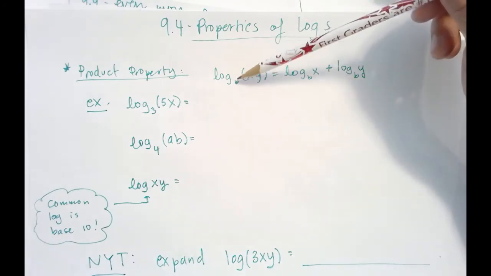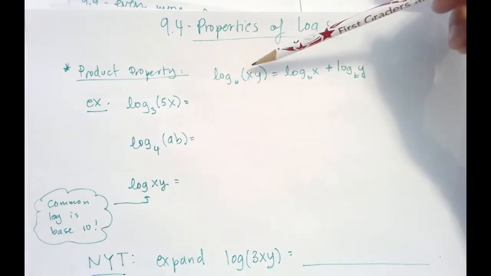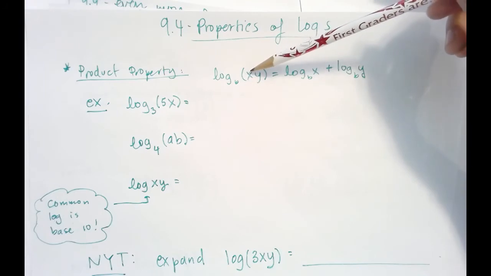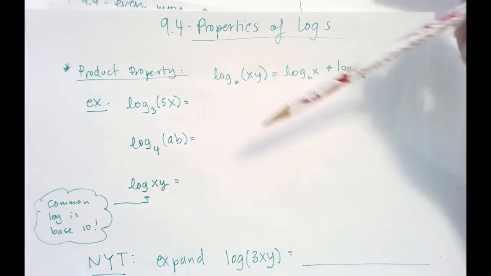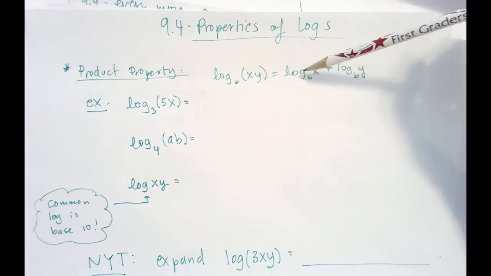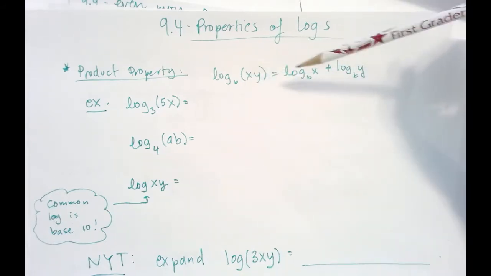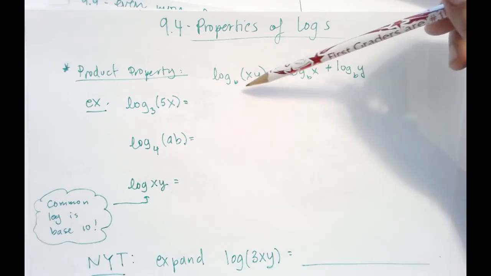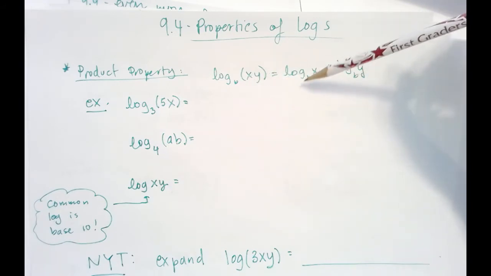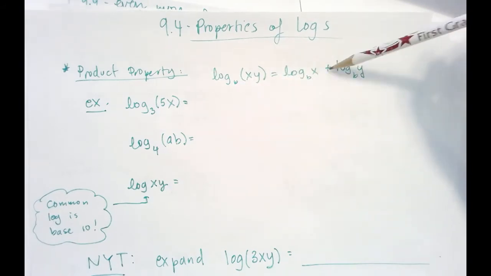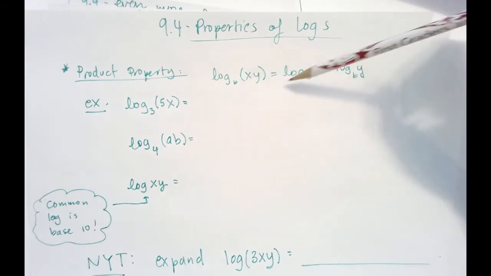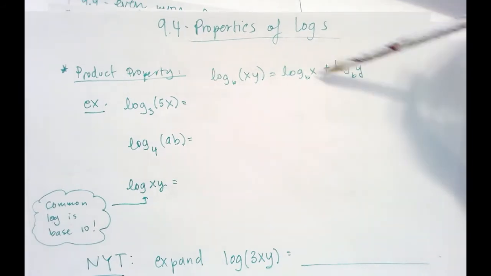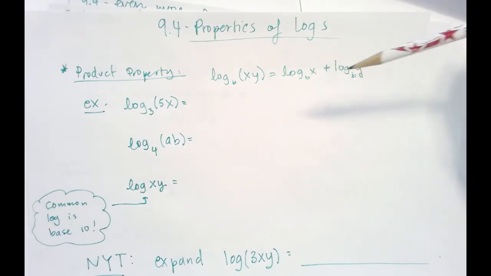If you take the log of base b, any base, of the product of two numbers or two variables, whatever, you can rewrite or expand that log in terms of these factors. So saying the log of base b of xy is equivalent to saying log of base b of x plus log base b of y. So this multiplication can be expanded into two different logarithms separated by a plus sign.